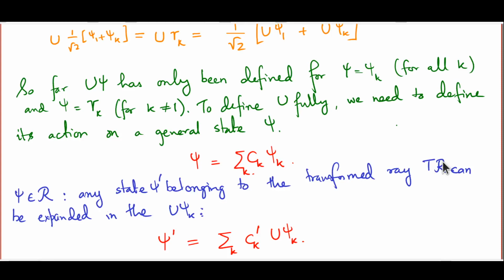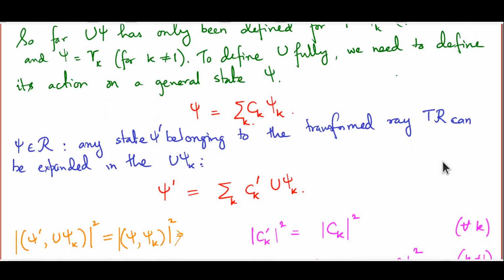In order to investigate the relationship between the coefficients ck prime and ck, let us fall back upon the vectors U psi k and U epsilon k. The inner product of psi prime with U psi k must have the same magnitude as the inner product between psi and psi k. And that immediately gives us the mod square of ck prime, from the inner product of psi prime with U psi k, equals ck mod squared. That's the inner product of psi with psi k, mod squared.